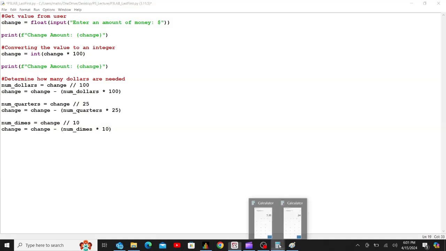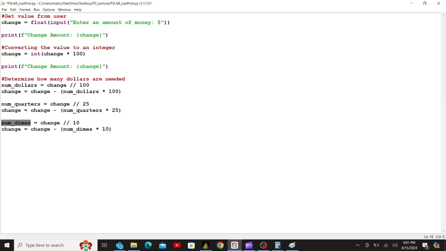In our example above, change is currently equal to 24, meaning 24 cents. All right. So we're saying number of dimes is equal to 24, integer division 10. So if we take 24, 10 can go into that 2 times, right?